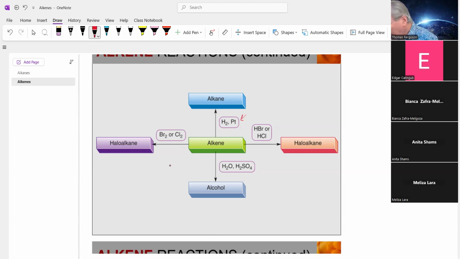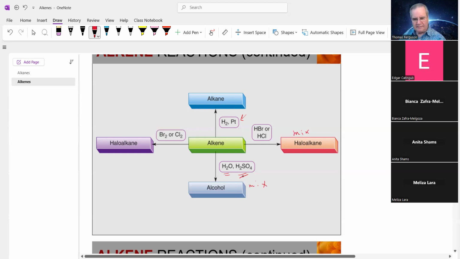Whenever you add a heterogeneous additive, you're going to get a mix. When you're adding, so this is going to be a mix as well. This is heterogeneous. Notice the water has to have an acid.